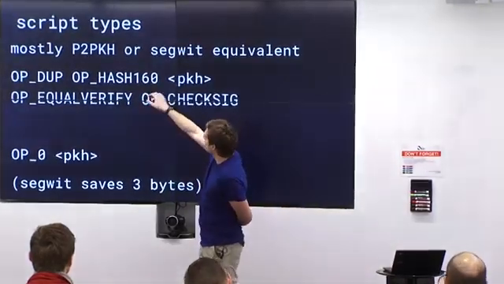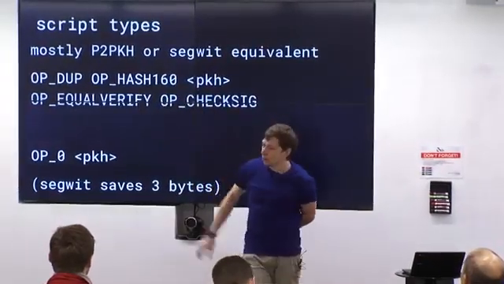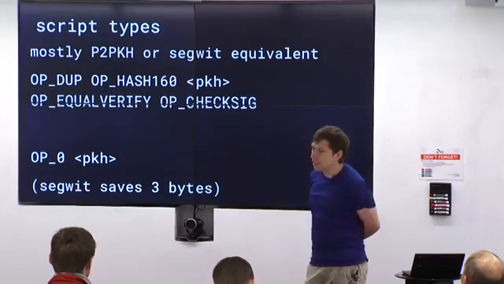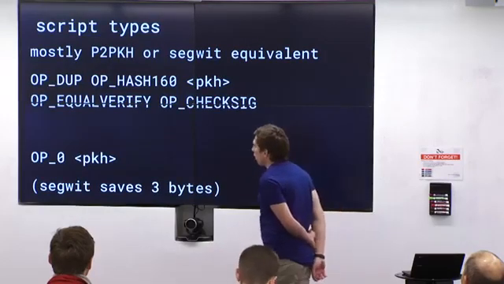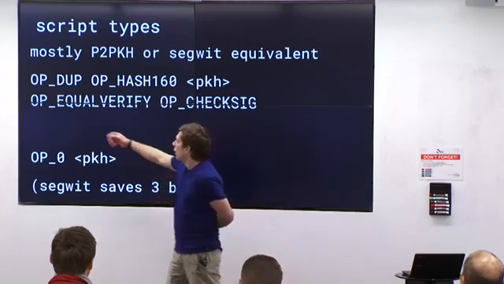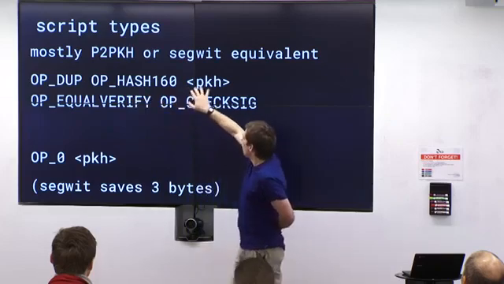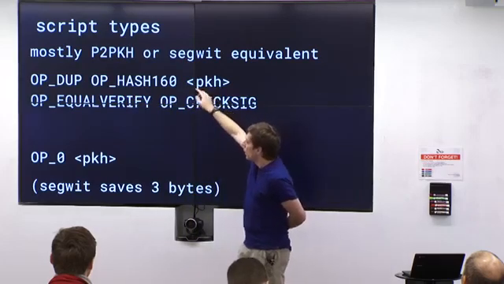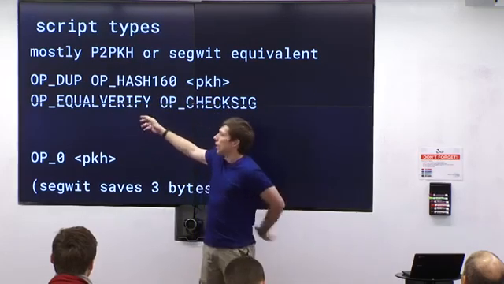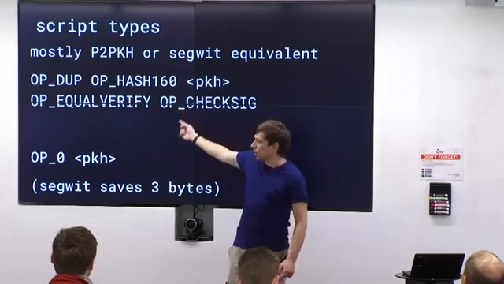OP_DUP, OP_HASH160, some pub key hash, OP_EQUALVERIFY, OP_CHECKSIG. And then when you want to execute this script, you put a pub key and a signature as your input. It duplicates the pub key, hashes it, pushes this hash onto it, checks that those two things are equal, and this also removes those two things, leaving only the signature, and then checks the signature.